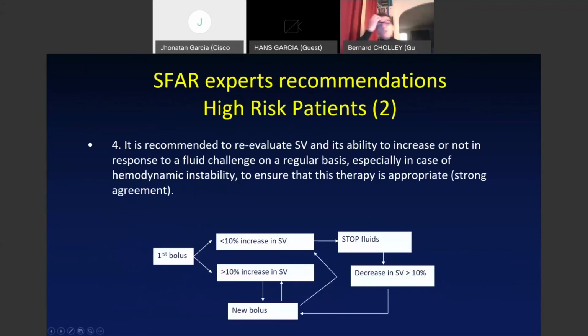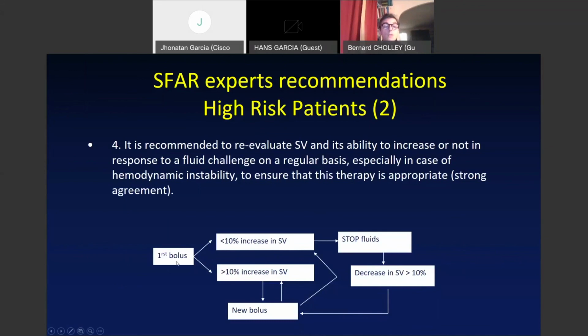So the French Society of Anesthesiology recommends, on the basis of the evidence in the literature, to use a strategy of stroke volume measurement associated with fluid titration to achieve the maximum value of stroke volume and to stop giving fluids when the maximum is obtained.